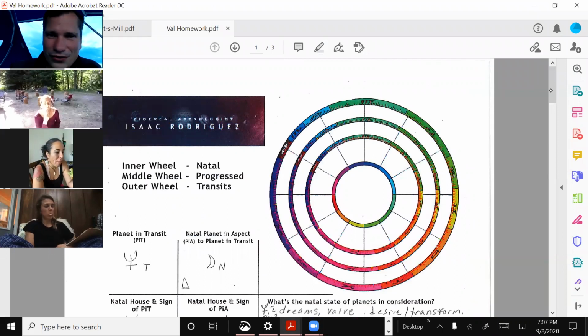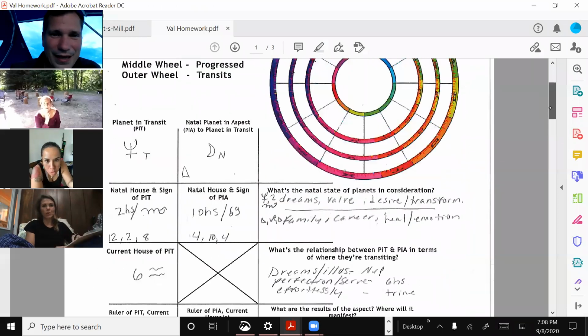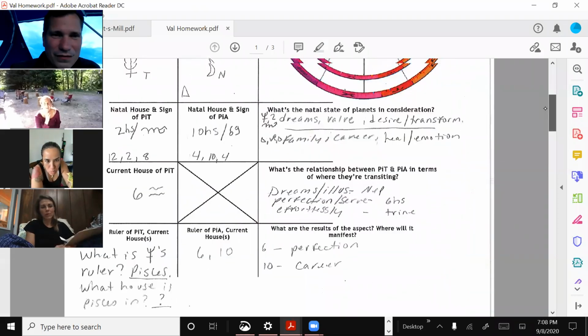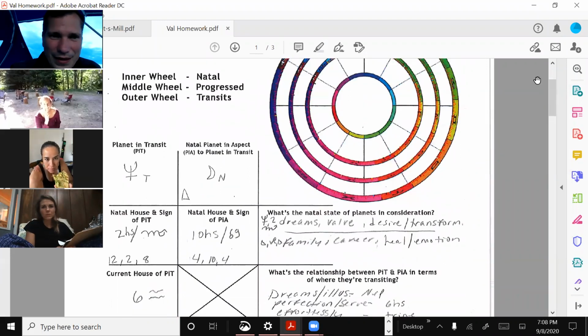So Val, this is yours, right? Okay. So everyone see how Val worked with the sheet? So this was transiting Neptune trine your natal moon, right?